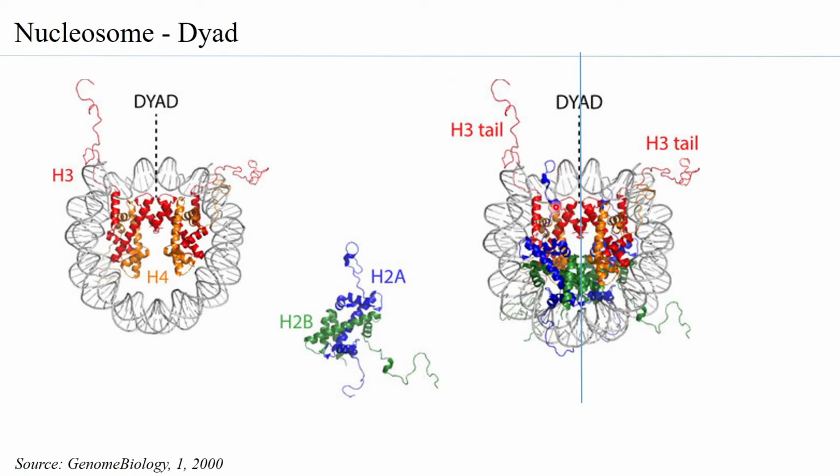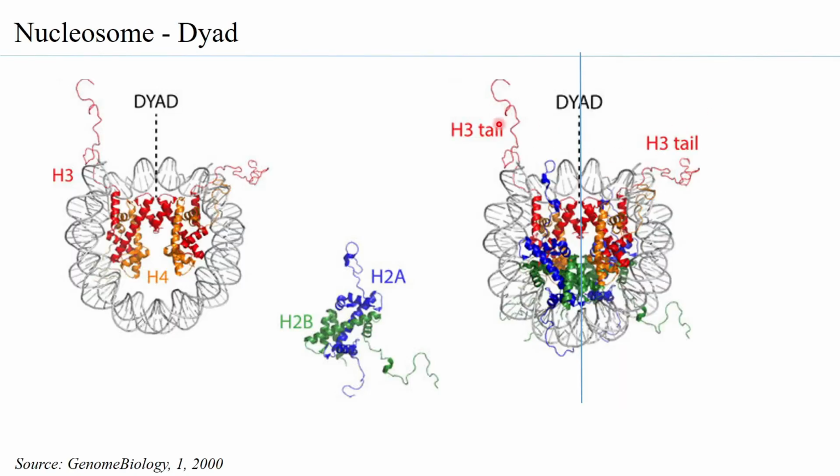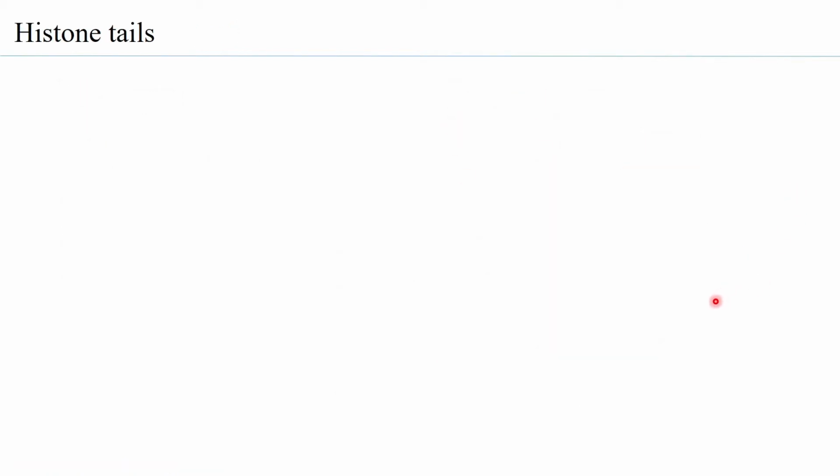Now what is interesting to note also is that the H3 tail extends out at the dyad region, or at the region where you have the entry and the exit point, and these H3 tails, which have basic amino acids, are able to interact with the linker DNA. So they have the propensity to bind to the DNA again.